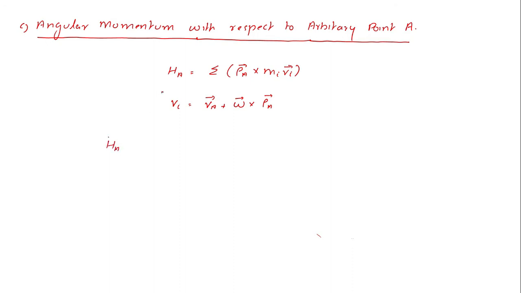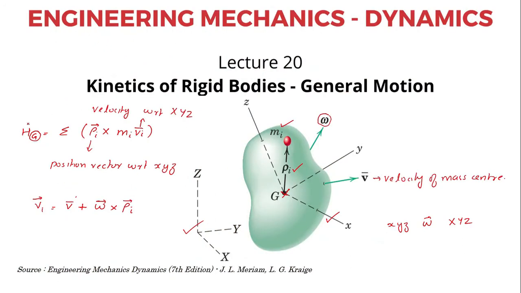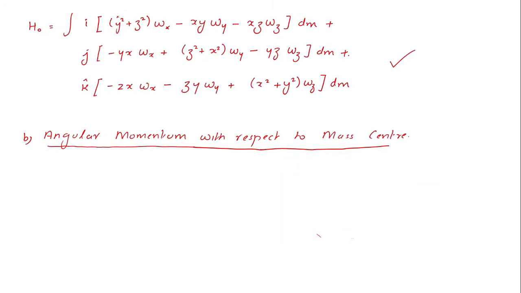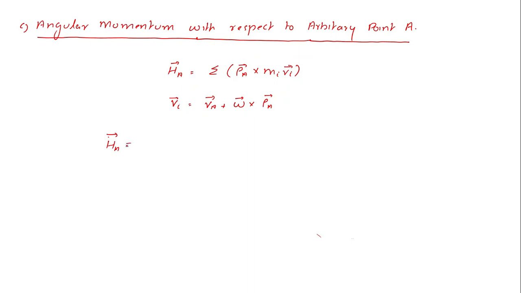Coming back, if I substitute here, HA, the angular momentum, is also a vector, as we had already discussed. So I can represent the vector sign everywhere. HA is equal to sigma rho A vector cross mi into vA vector plus omega vector cross rho A vector.